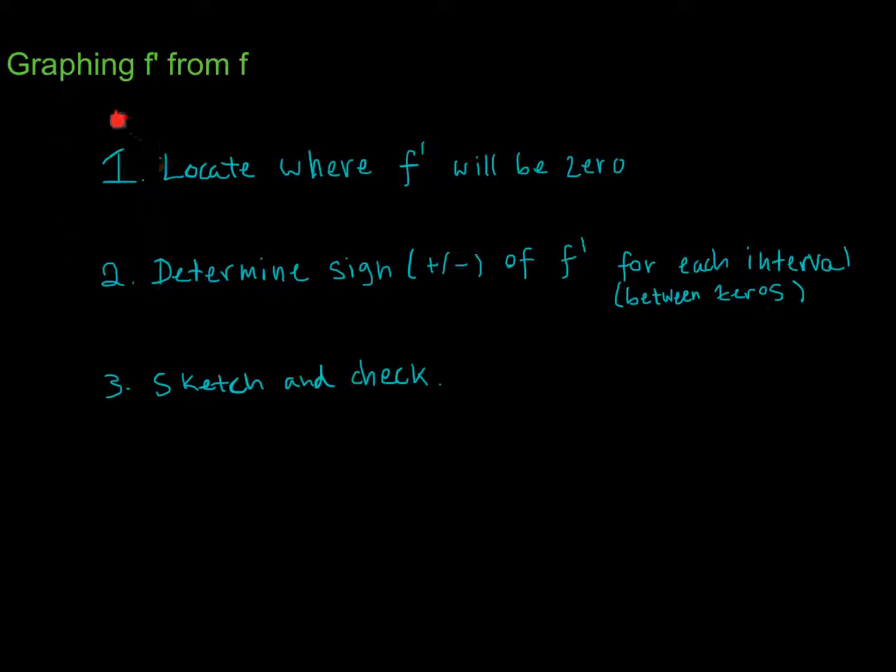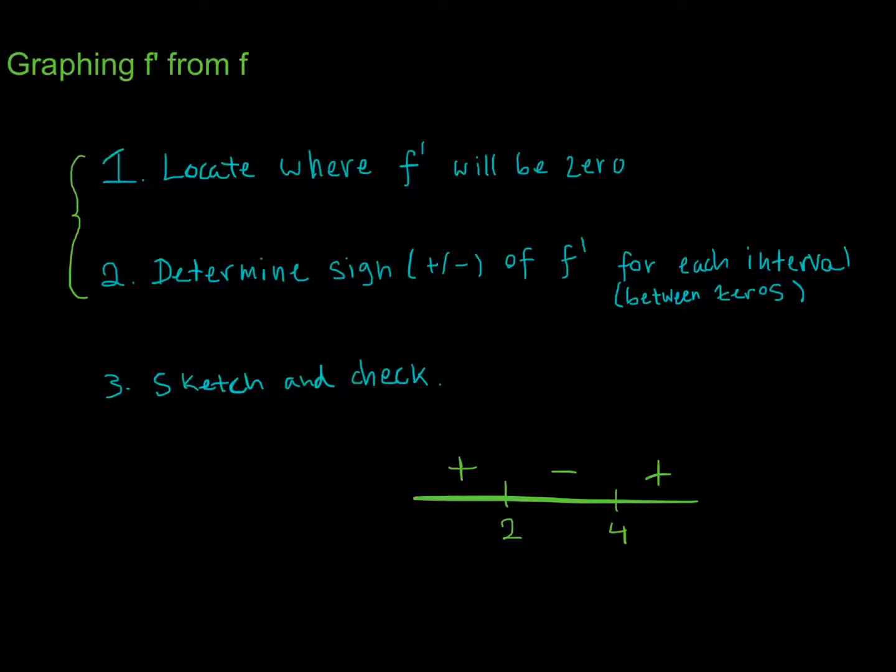Now, what I'm really doing here is creating a sign chart. I'll show you what that looks like. For example, let's say you discover that the x values where your derivative will be 0 are at 2 and 4. That's where you're going to intersect the x-axis, and then in between, maybe you know that we're going to have positive, negative, positive.